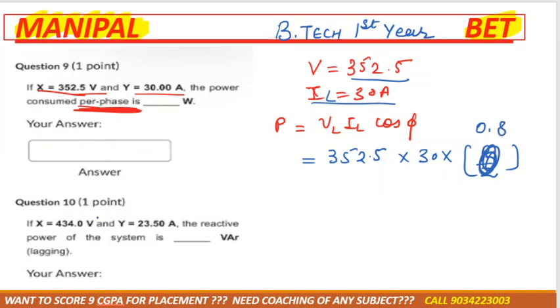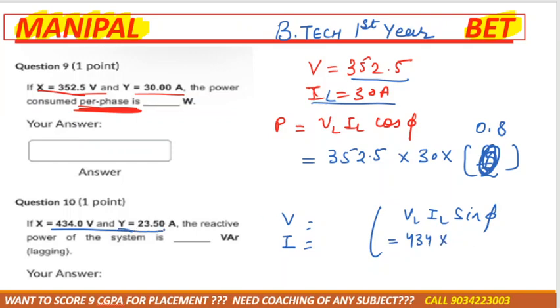Okay. Now similarly they again change the value, voltage and current. This time they are asking the reactive power, so that would be VL IL sin phi. VL is how much? 434. Current is how much? They have given the line current, that is 23.5, and the sin phi.